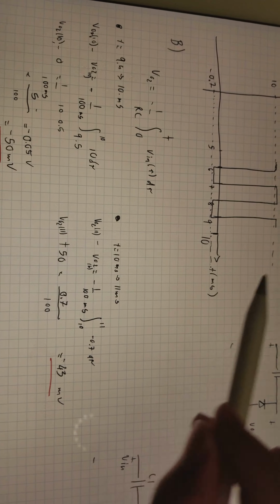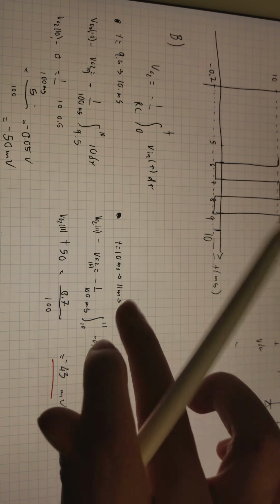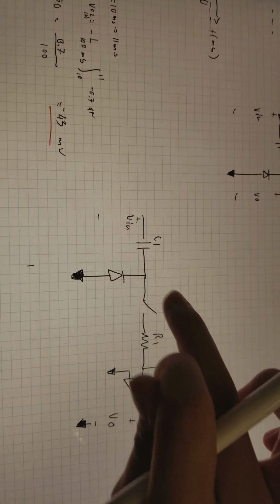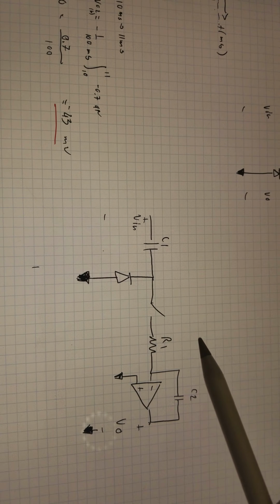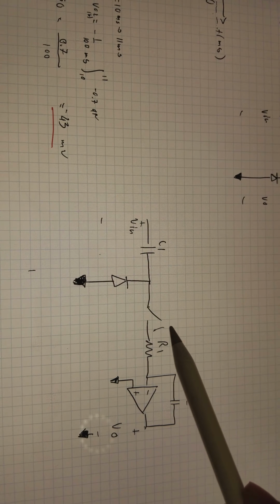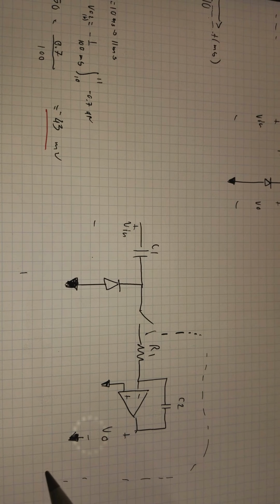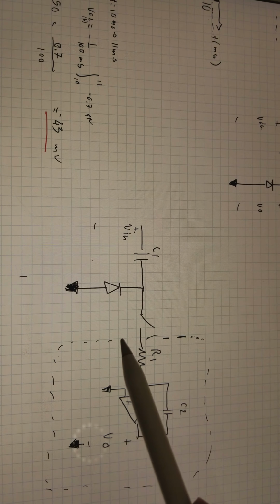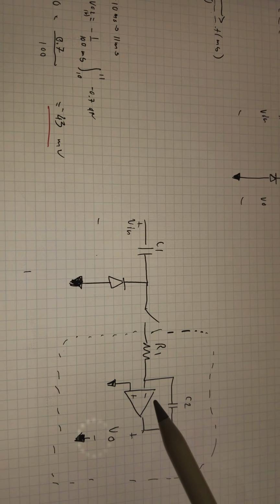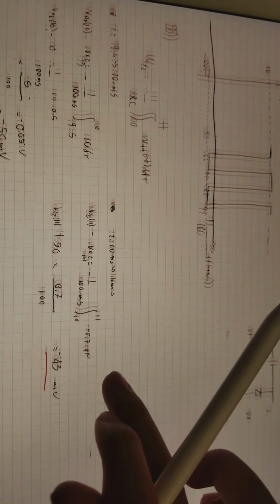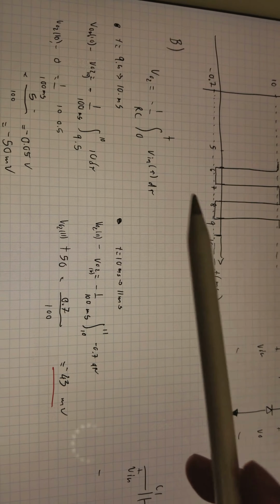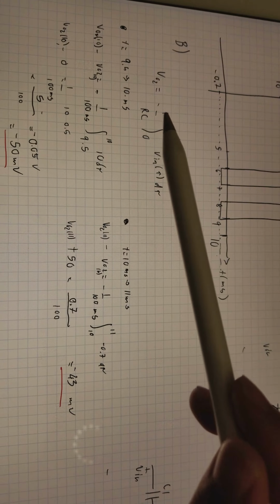So we know that this is state 2 of the circuit. This circuit is the integrator circuit with negative feedback. So in order to find V out, we can use the formula right here.